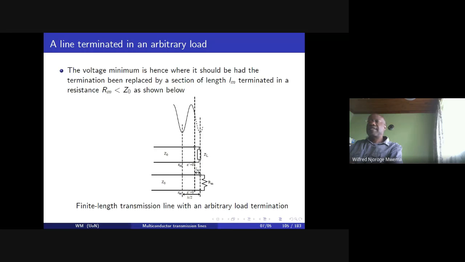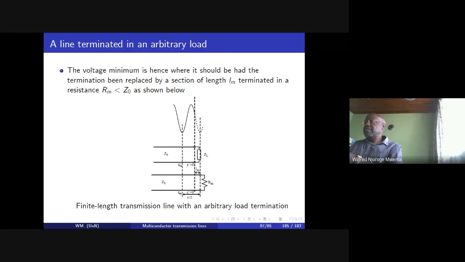And we say that in this case, the voltage minimum or the current maximum cannot occur at the termination, neither can the voltage maximum or current minimum occur at that termination. But we say that the standing wave pattern of the voltage and current waves can be extended beyond the termination until we get the voltage minimum or maximum.